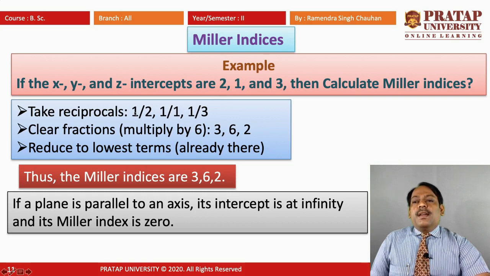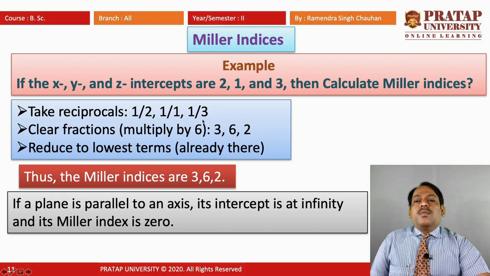Now, what is our second step? That is to clear fractions. First is to take the reciprocal, then clear fractions. For clearing fractions, we take the LCM of these three numbers, and we find the LCM is 6.